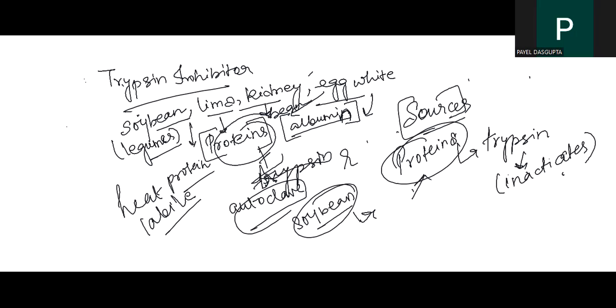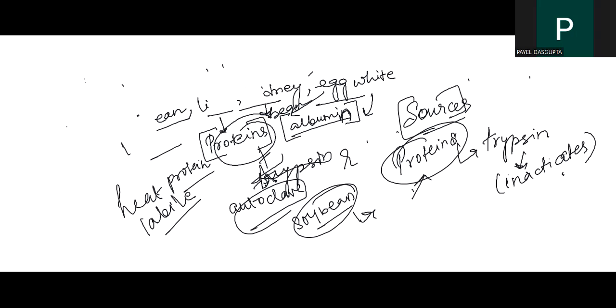With a time-temperature combination, if you boil it for a longer duration, the percentage of trypsin inhibitor inactivation will be more. Okay, so this is how we go with the trypsin part. So autoclaving and boiling are options from which you can inactivate the trypsin inhibitor.